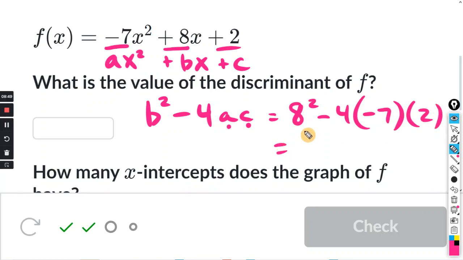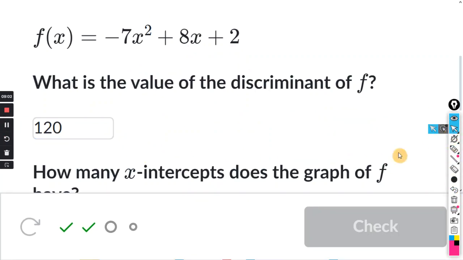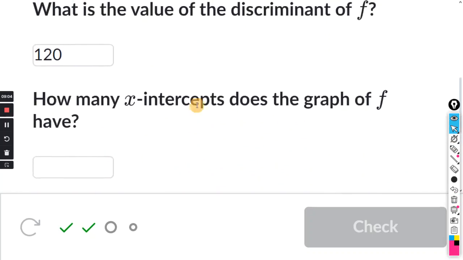On the calculator, 8 squared minus 4 times negative 7 times 2, I get a solid 120. How many x-intercepts? Well, when this is positive, we said it before, that is 2 x-intercepts.